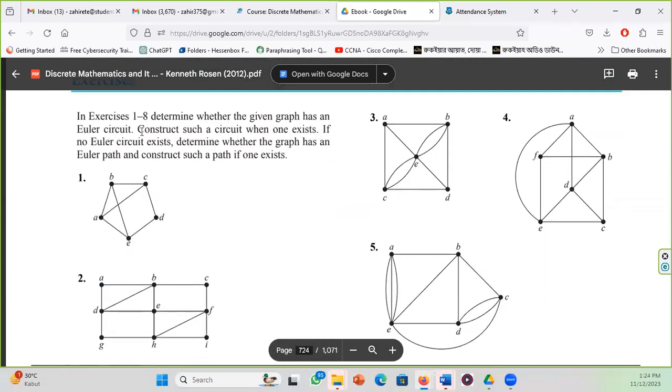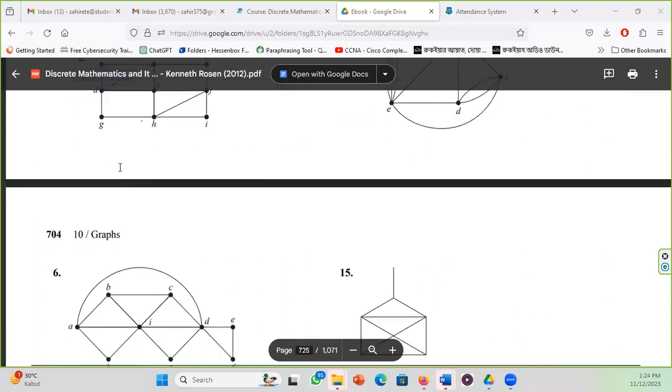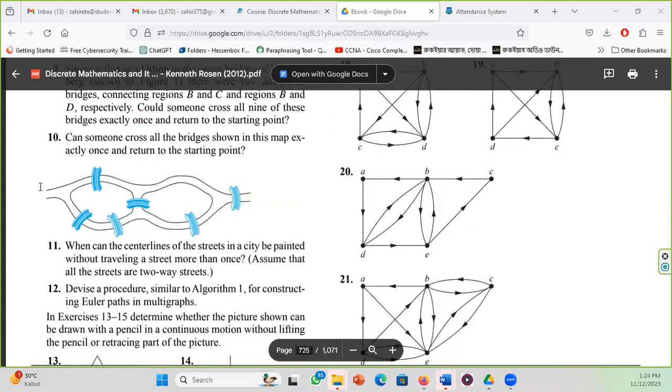This first part, exercise 1 to 8. Then question number 10.